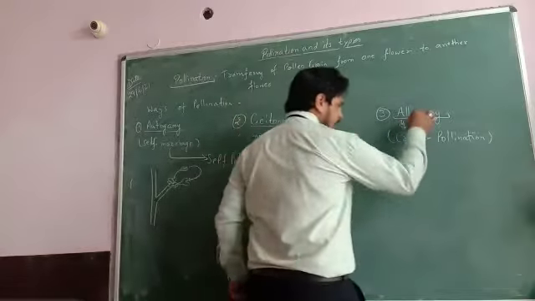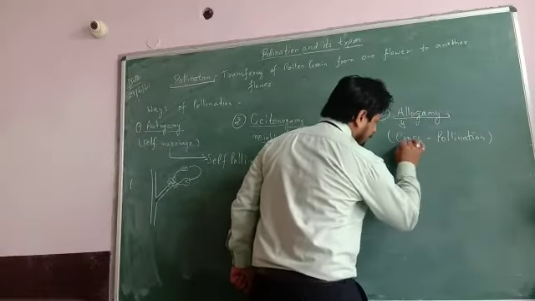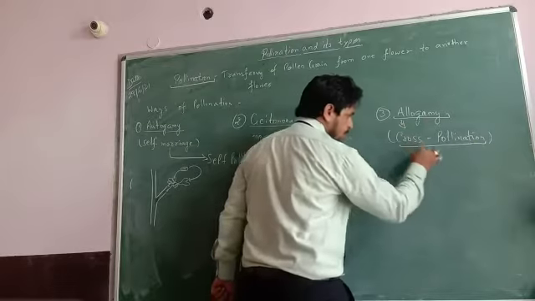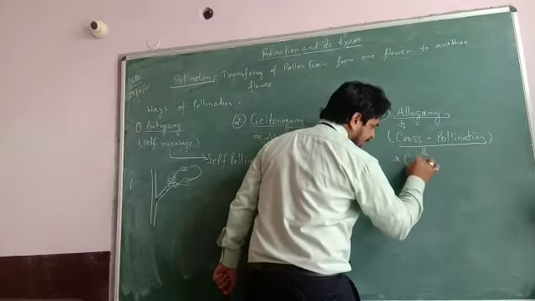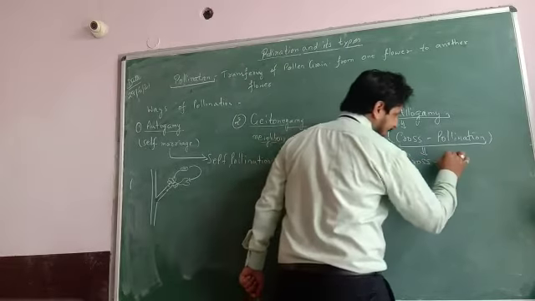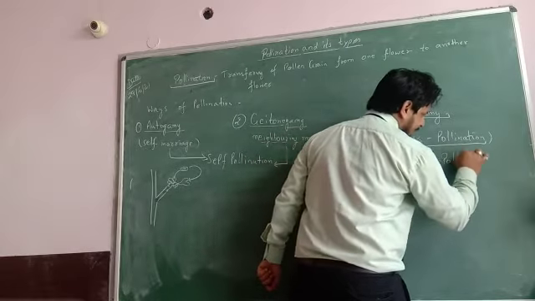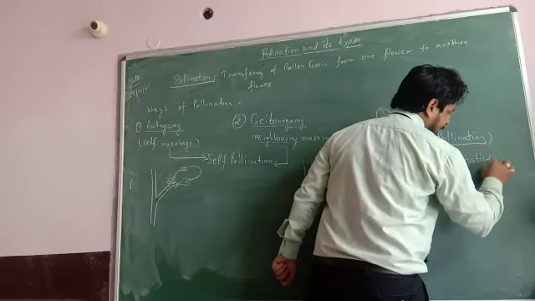Now, the last one is allogamy. It is cross pollination. For cross pollination, one thing is very important: pollinating agents are required.